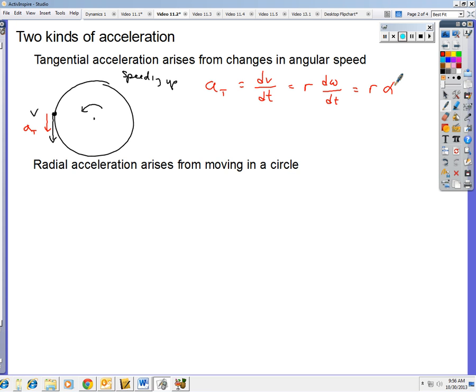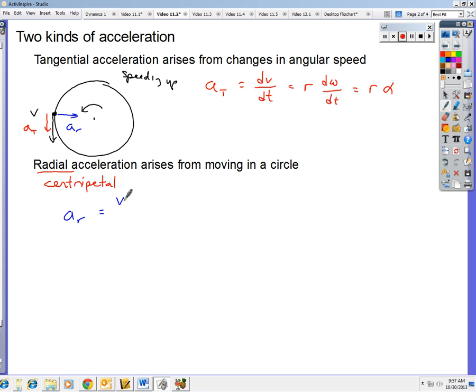Radial acceleration, sometimes called centripetal acceleration, which you already know about, comes from moving in a circle. Even if it's not speeding up, the change in the direction of the velocity will give you a centripetal acceleration, or radial acceleration, toward the center.